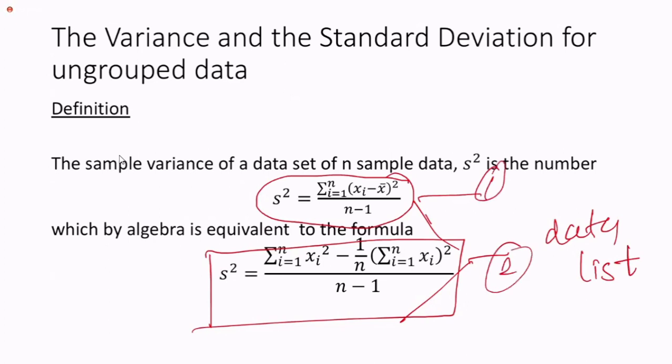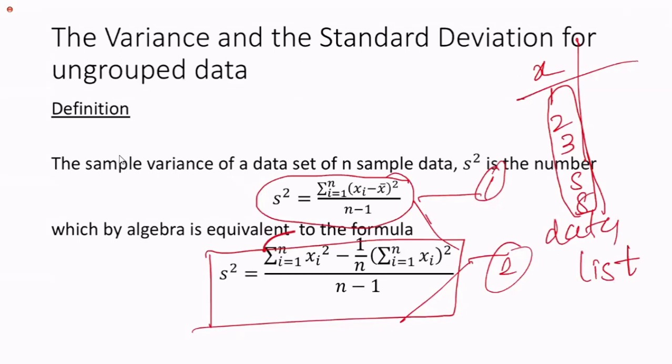I taught you how to use the first formula to find the variance, and now I am teaching you how to use the second formula. Let's say we have a data list like this: 1, 2, 3, 5, 8. We have 5 data elements.